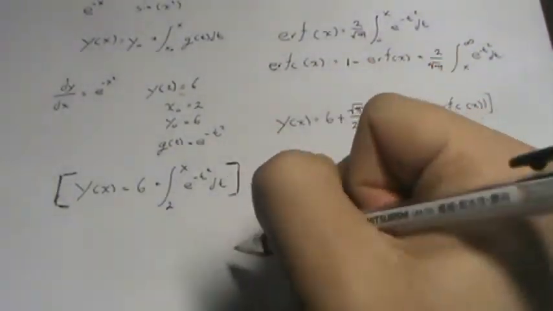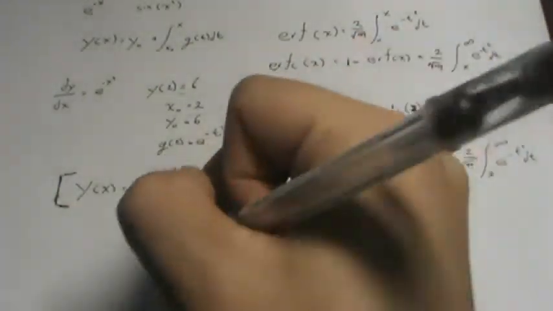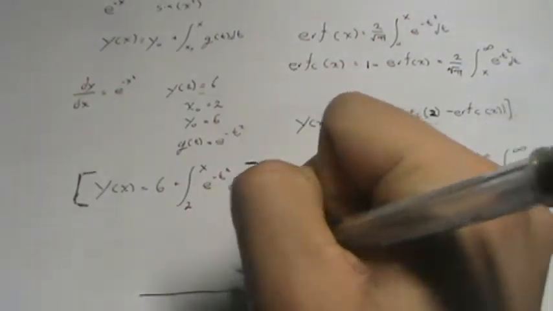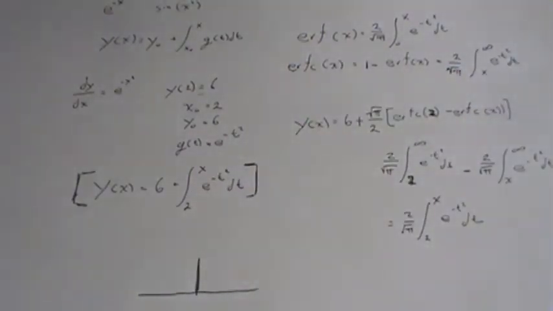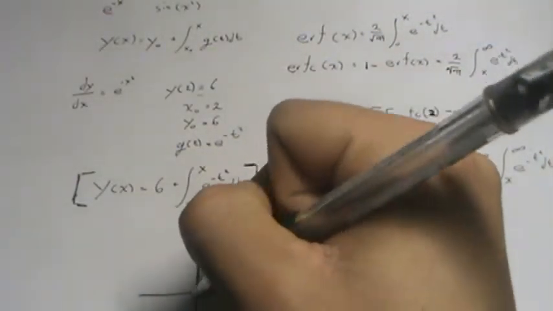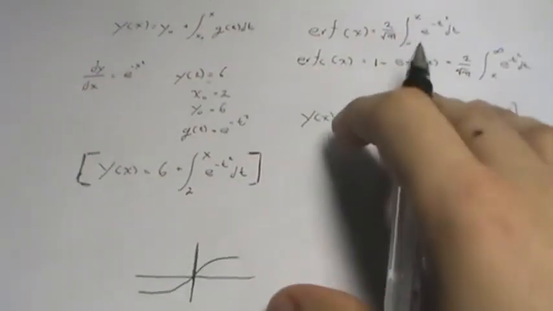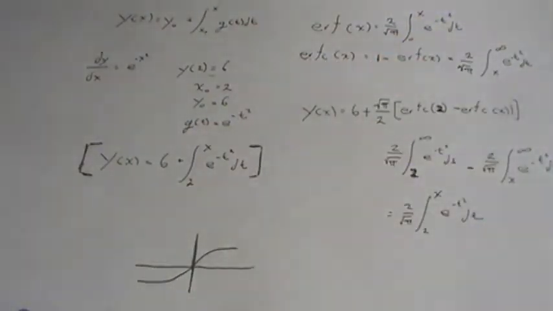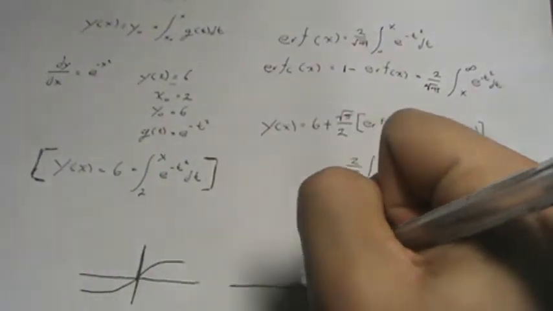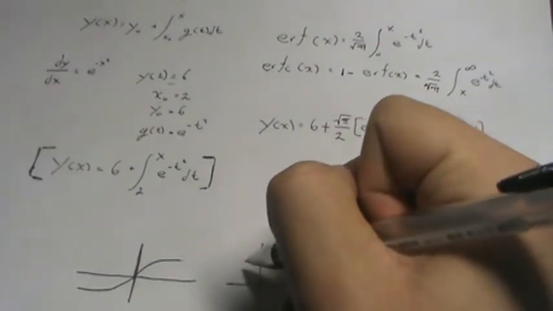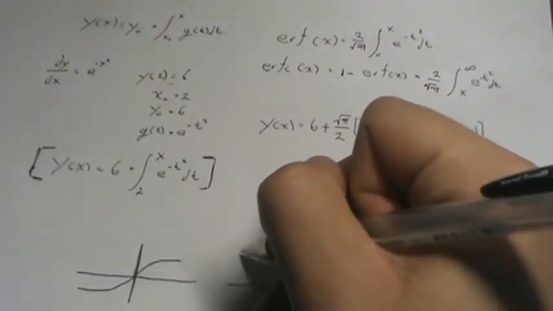And how does the error function look? If we plot it, this is something widely used in probability and statistics. The error function looks kind of like this, and the complementary error function looks just like this.